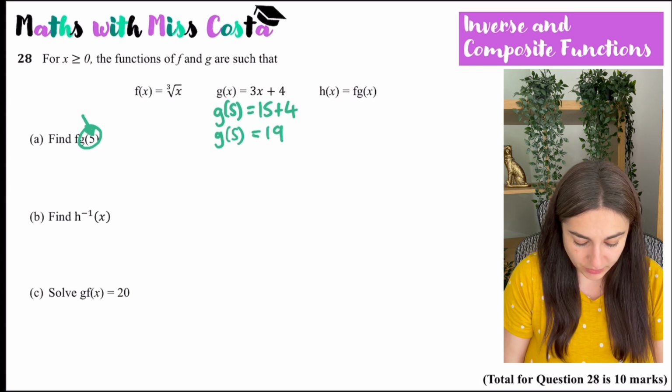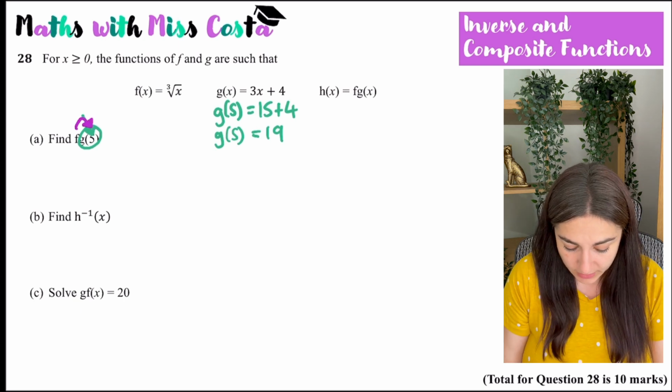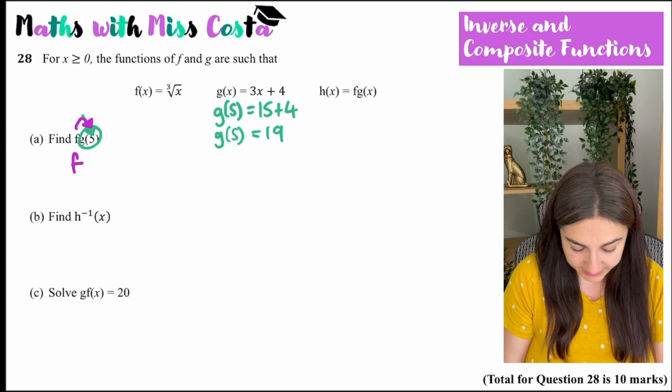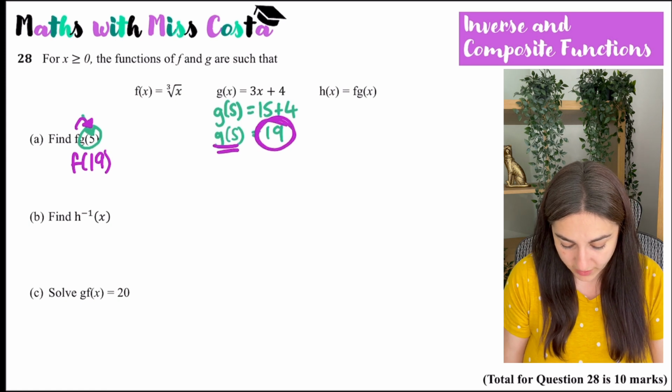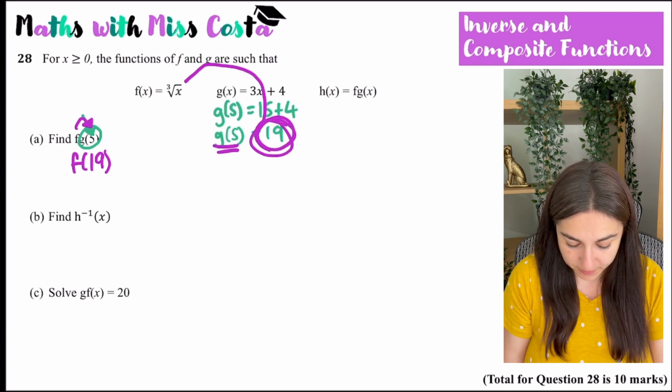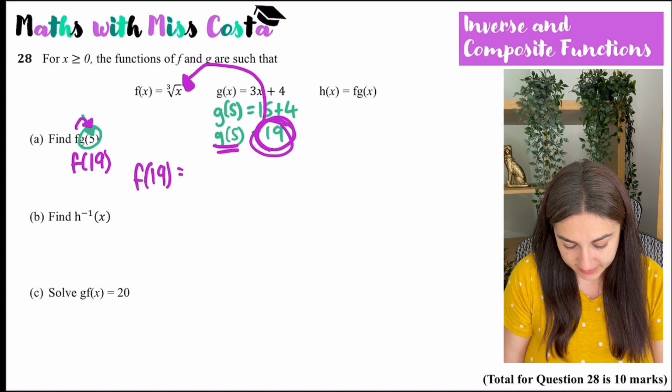And then you want to find f of g of 5. Once you know that g of 5 is 19, you're essentially working out what f of 19 is. You work out what its value is, and then you substitute it into the other thing. So f of 19 is the cubed root of 19.